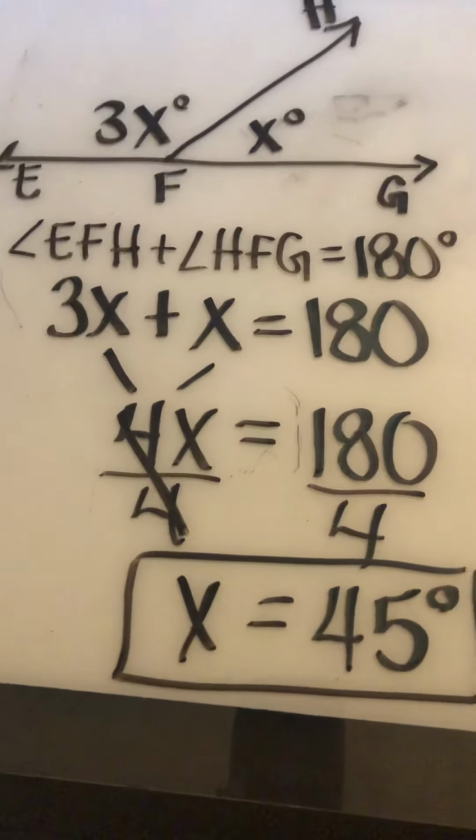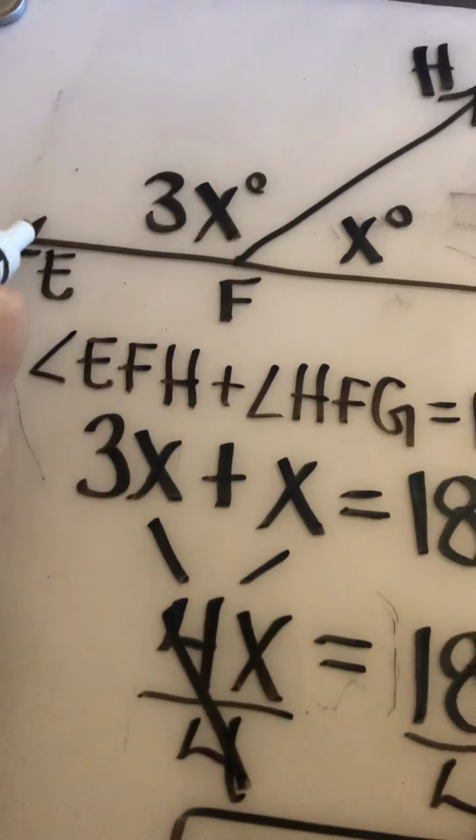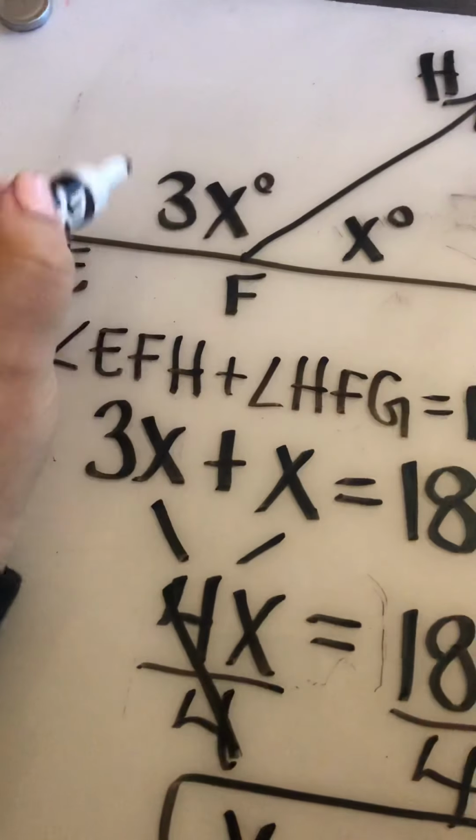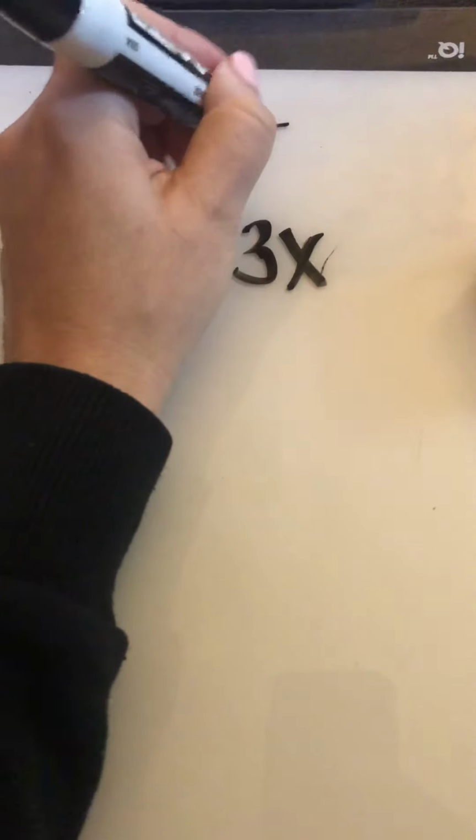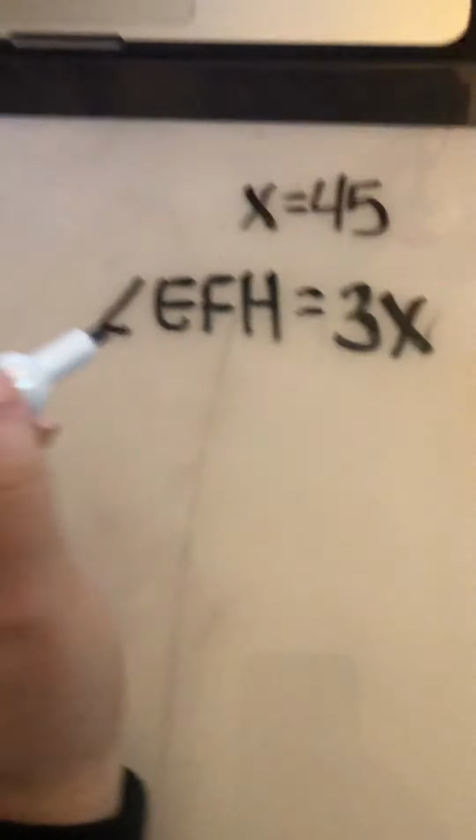So let's do one angle at a time, okay? I'm going to start with angle EFH. So let's go back. EFH was 3x. So EFH equals 3x. But we figured out that x equals 45. So I'm going to now take 45 and plug it in.